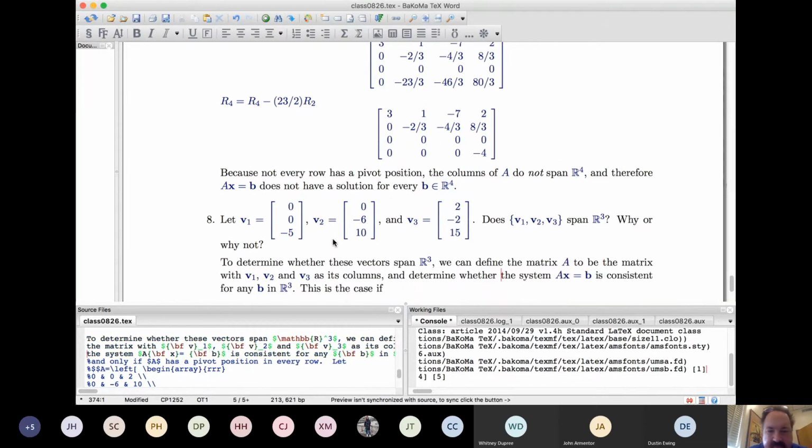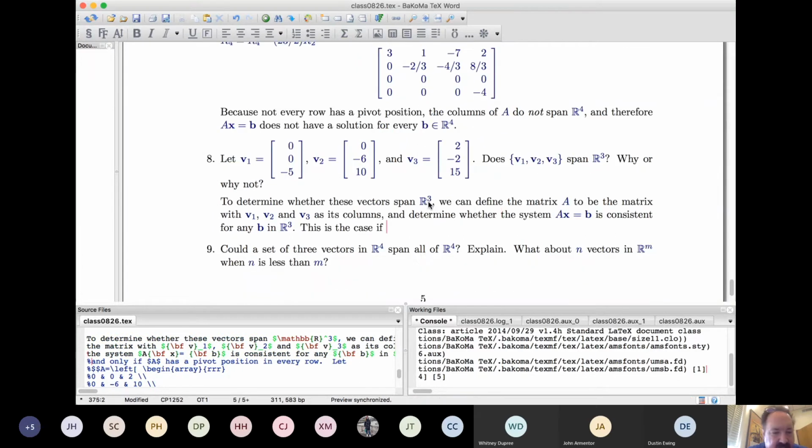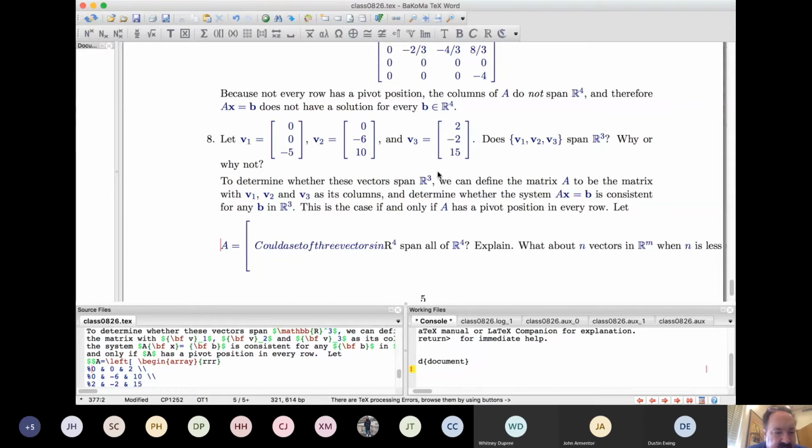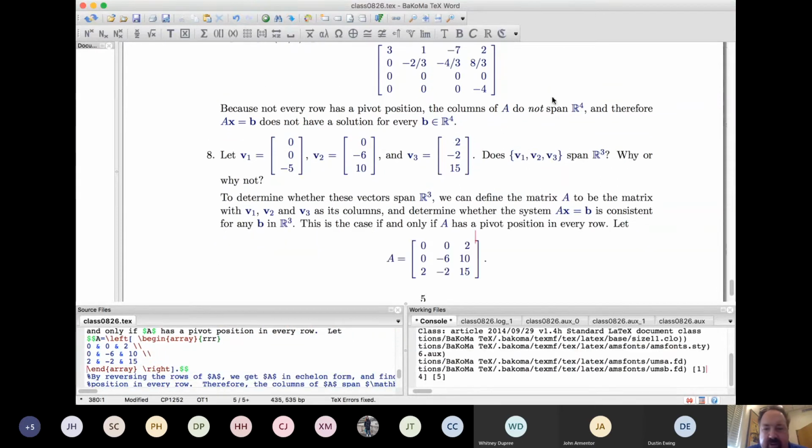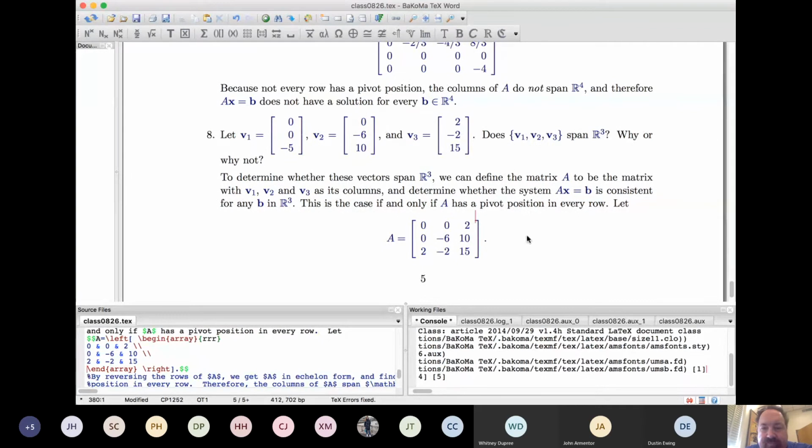So I'll go ahead and put them in a matrix so you can see what's going on here. We put these vectors in a matrix, and then we want to know if this matrix has a pivot position in every row.